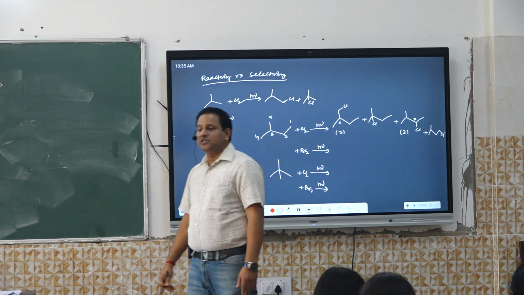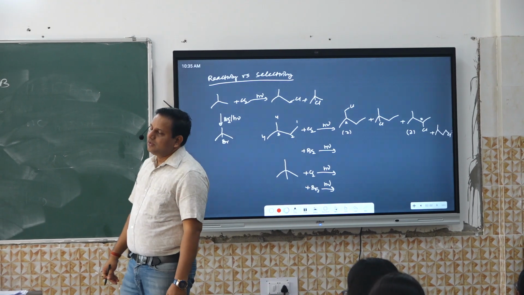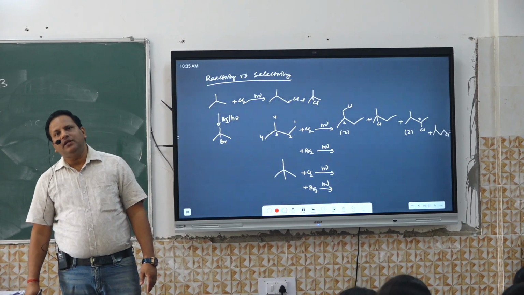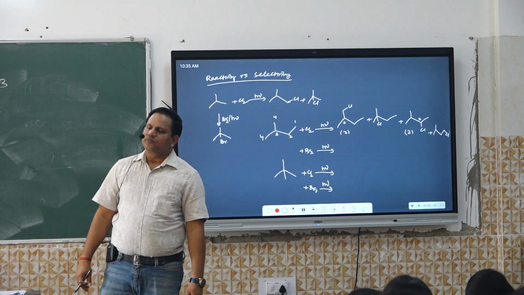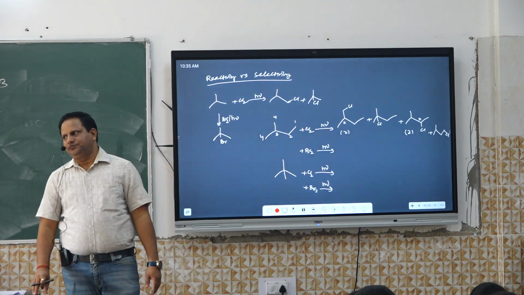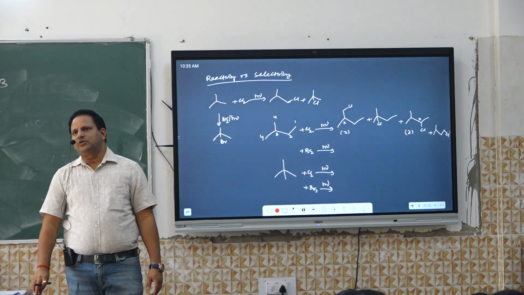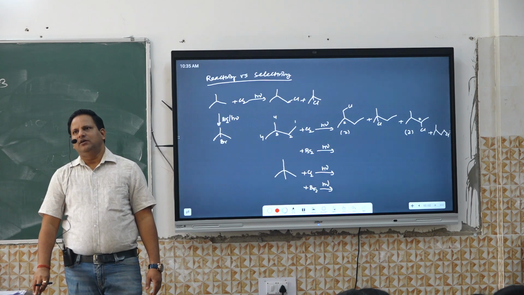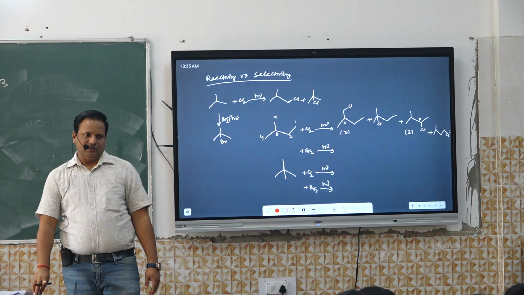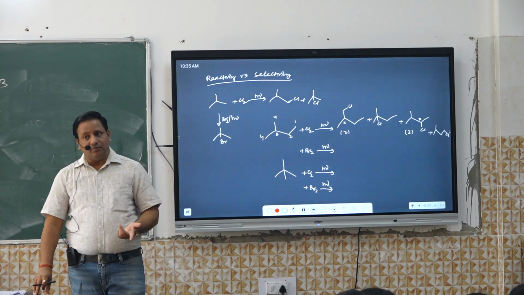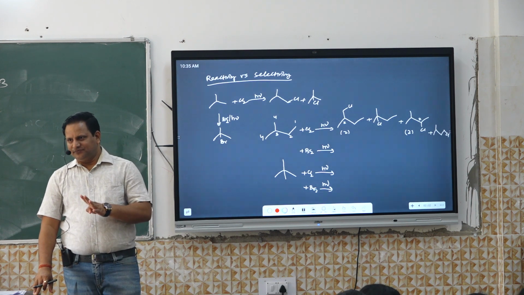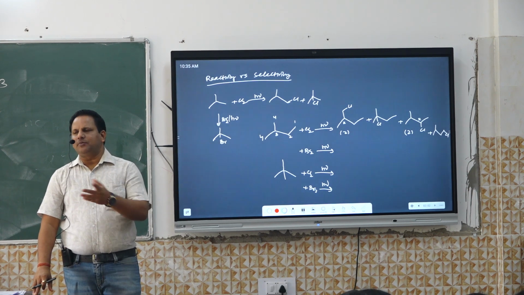Note down: optical isomers cannot be separated by using fractional distillation. So in total 6, after fractional distillation 4.